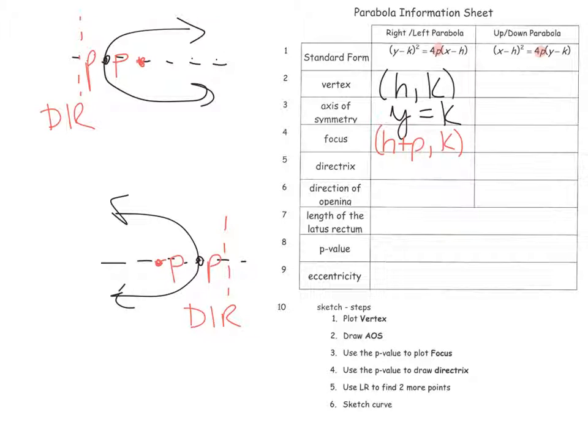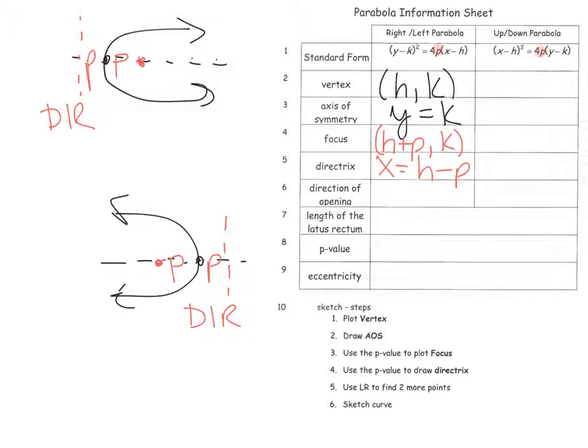If you go right p units, you get to the directrix. So that part's a little confusing, but it's much easier if you just look at a picture of it. So the directrix, if it opens right or left, is a vertical line, so it's going to be x equals, and you're going to take the h value and subtract p. So you're either p to the left or p to the right, depending on how it opens.